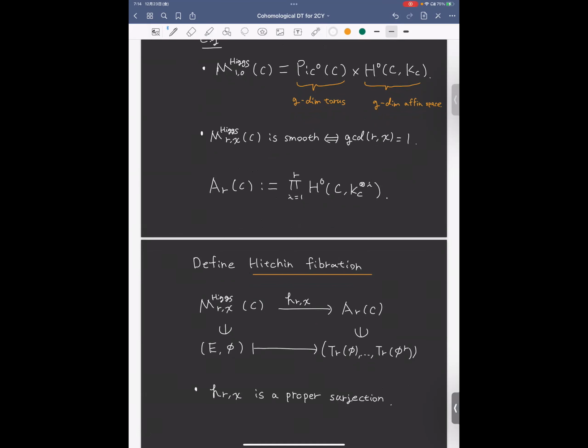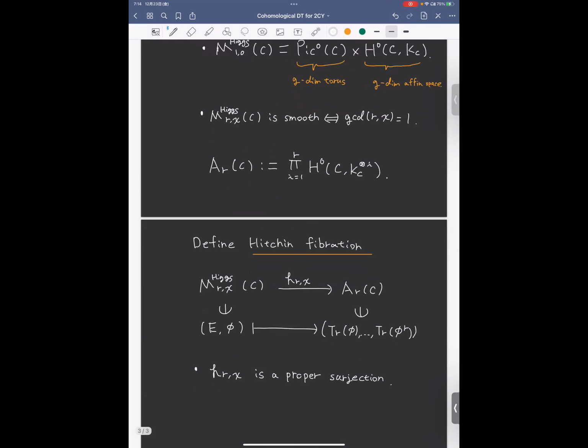Secondly, we can show that this morphism is a completely integrable system, and hence the general fiber is isomorphic to an abelian variety.